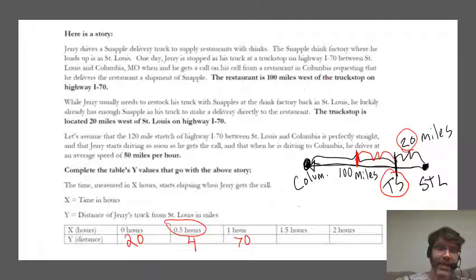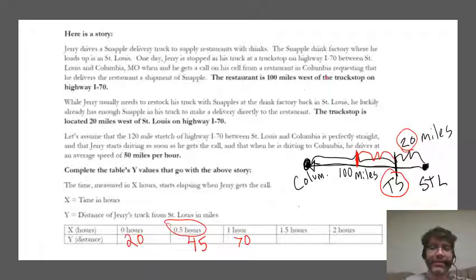So at half an hour, he's 45 miles away from St. Louis. We see that every half an hour he is going 25 miles further away from St. Louis. Then we can just use that pattern.